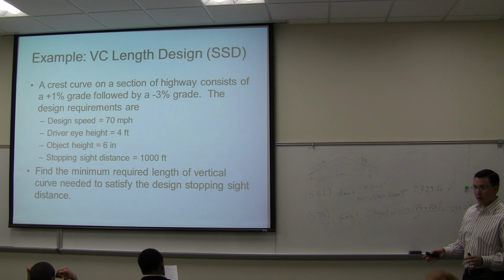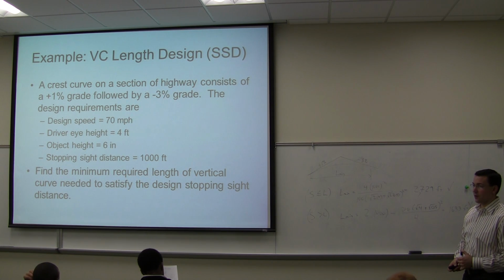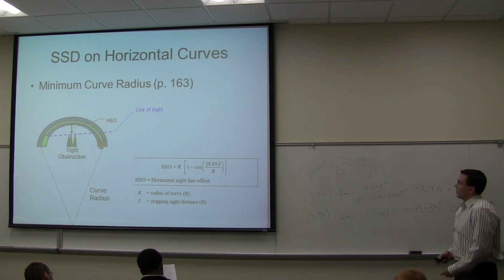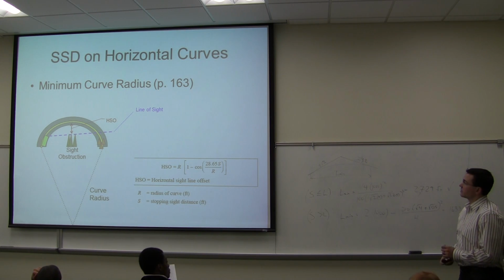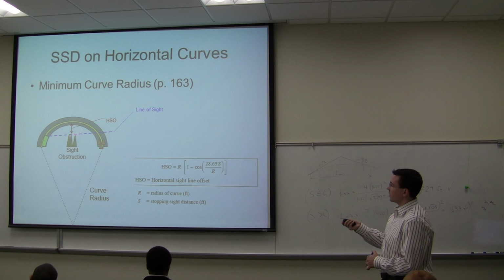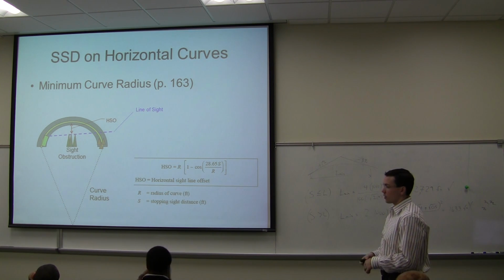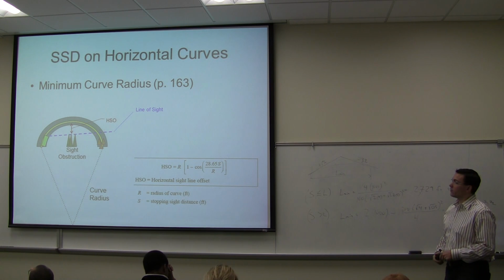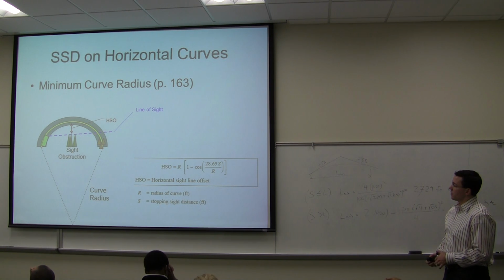Other than calculator problems, any questions on this problem? So evaluate the stopping sight distance on horizontal curves. Here we're interested in determining whether we have any roadside obstructions that prevent us from being able to see around the curve far enough to stop in time.